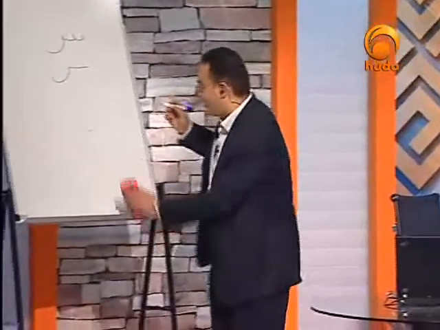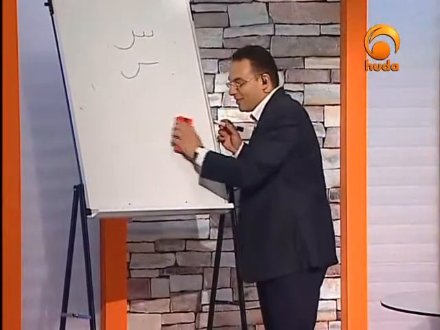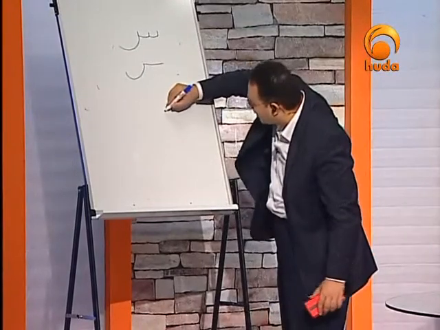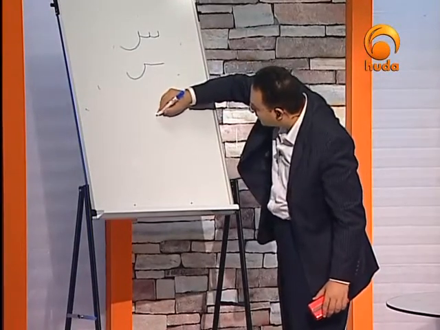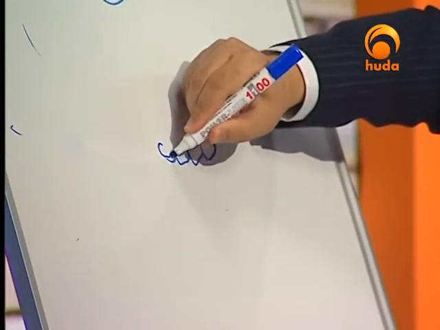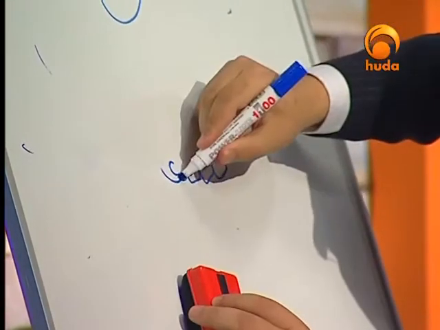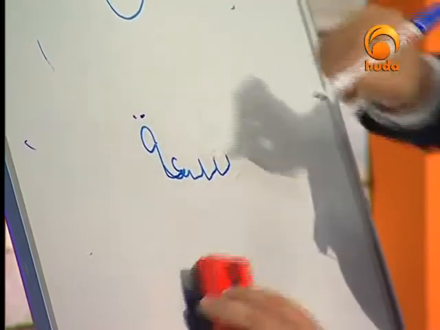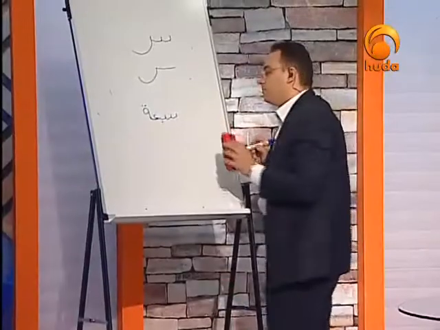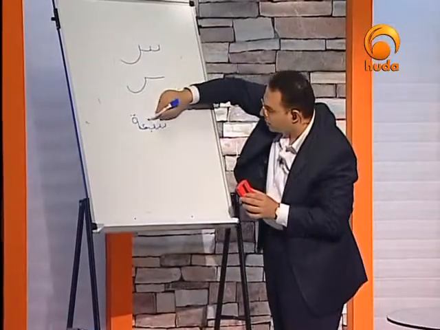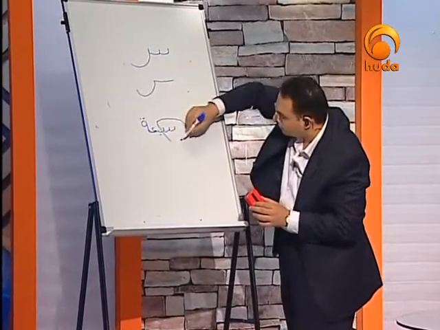Well, let me just write that here again. So when it comes to the numbers, thank you very much, Osama, for that elaboration. I would say here, sa. Can you see that? Here is my focus.